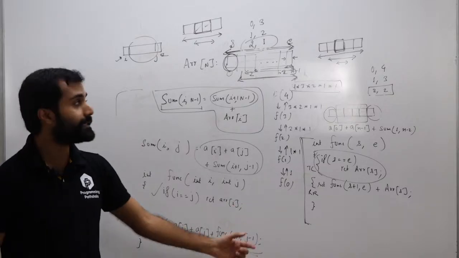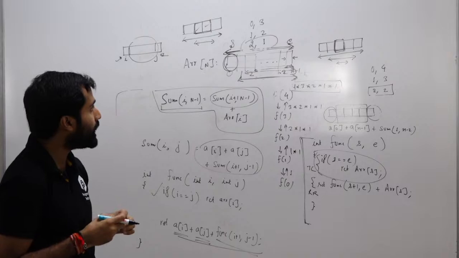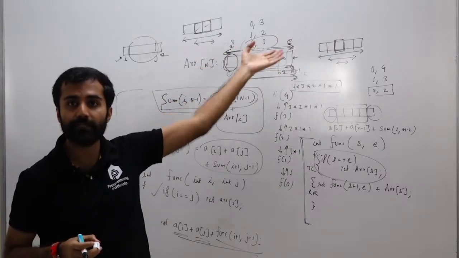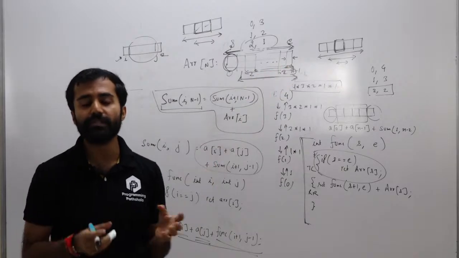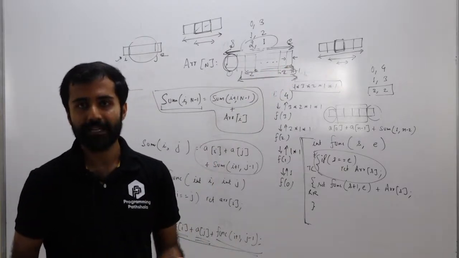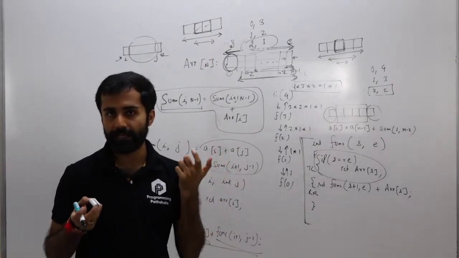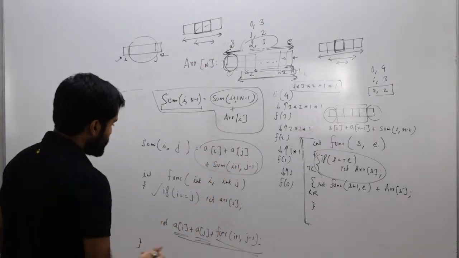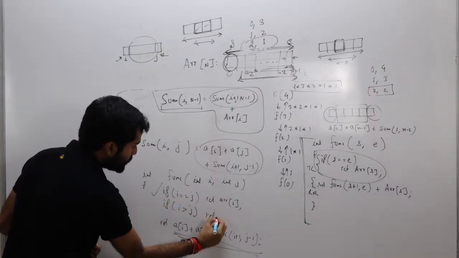Because there is nothing left, such kind of unacceptable relationship between the starting and ending indices has happened. So in this case, I just need to return 0 because it denotes an empty component, an empty subarray. So I would simply write that the moment I see that i has become greater than j, I would need to return 0.